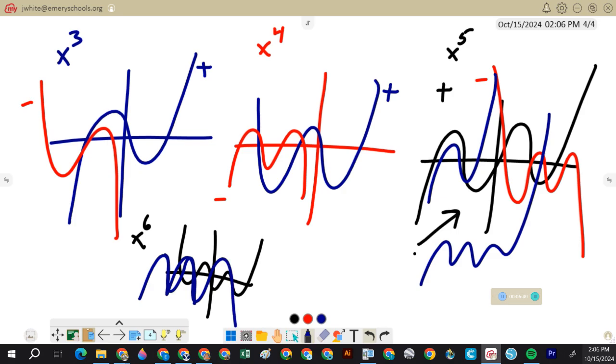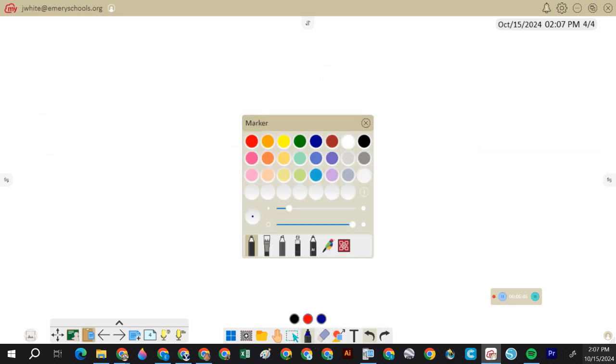Does that make sense? So, if I said, what is a negative x to the 17th going to look like? Well, all I really care about are the endpoints. So, in the middle, we're going to have a lot of this, right?